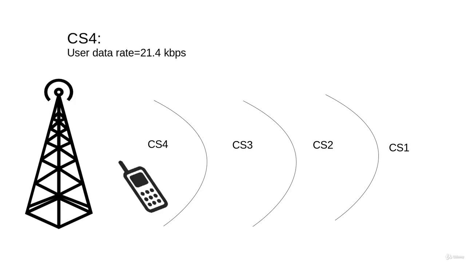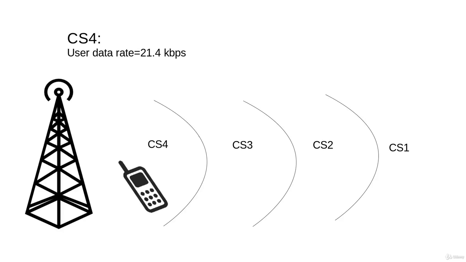Now consider the case when a mobile station is near to the BTS. In this case, we know that the mobile will have very good signal, channel conditions for it will be very good, and the useful signal that it is receiving from the base station will have higher power as compared to the interference or the noise it is receiving. So the probability of bit errors in the communication is very low.